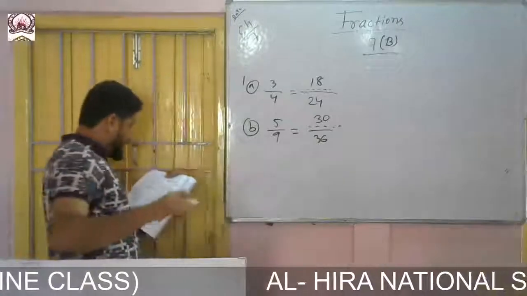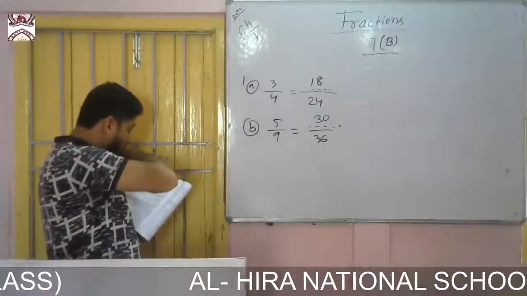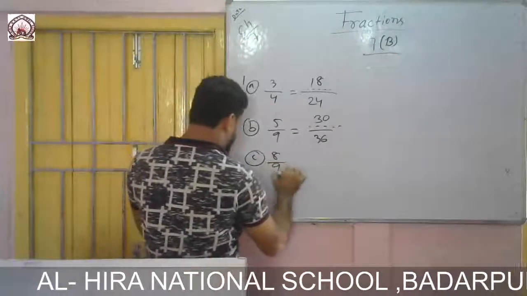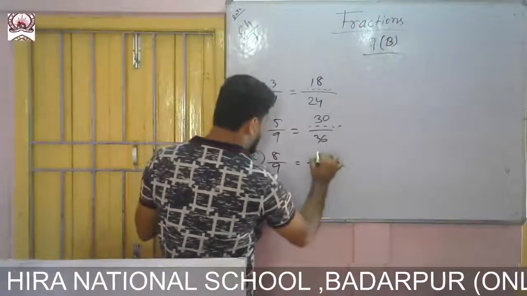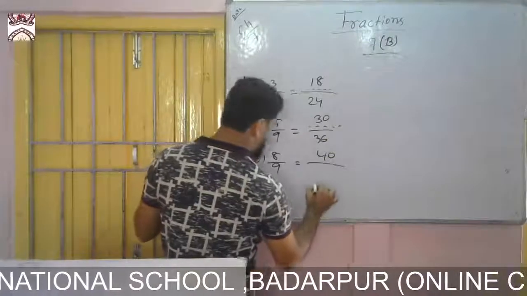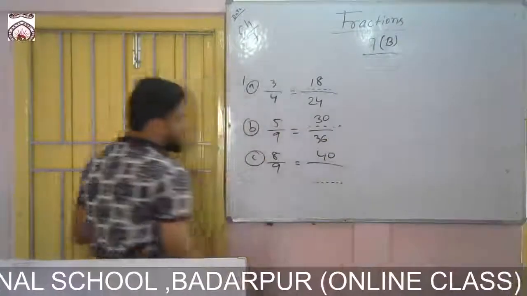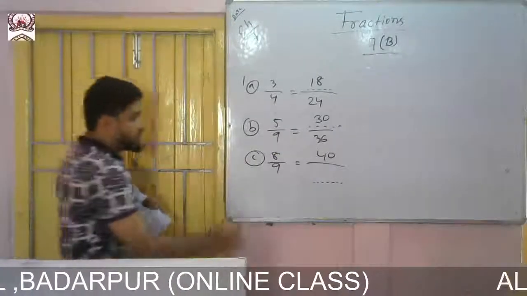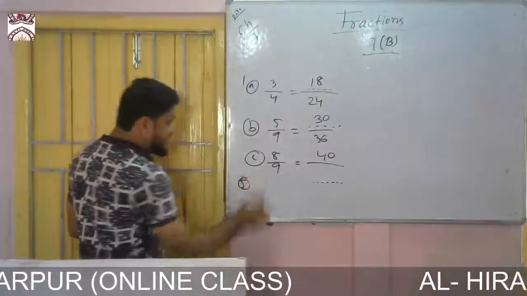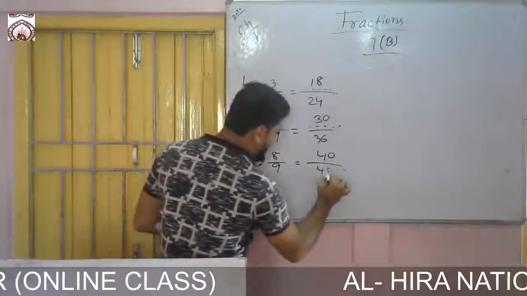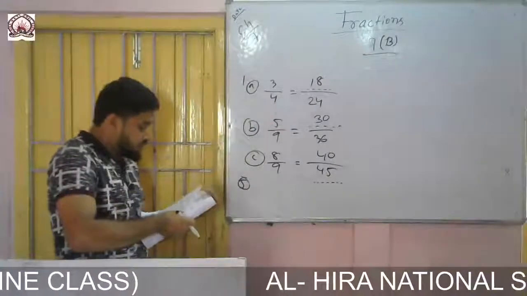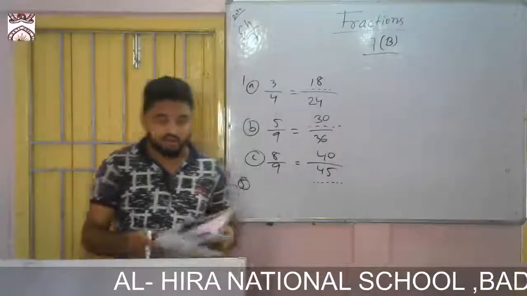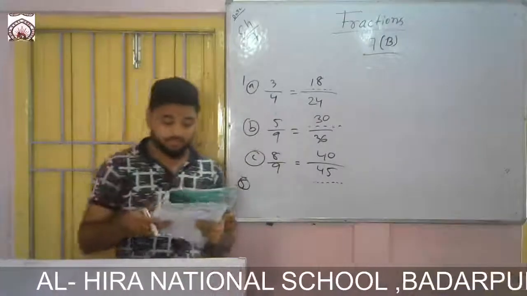Now come to question number C. 8 by 9 equals 40 by a blank. So 8 times how many is 40? 5. So what you got? 5. Then 5 nines are 45. So here will be 45. So D and E remain as homework. These two are all the same.